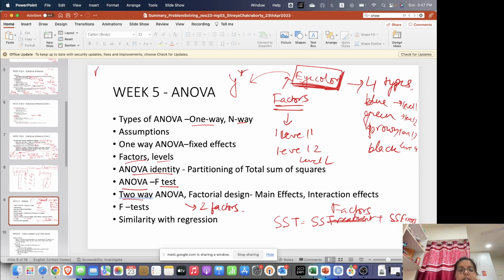Let's say eye color and eye shape, two factors influencing y, and we would have main effects and also interaction effects if we include an interaction term in our model, and we can test for each of these using an F table. And as I was saying, there is so much similarity with regression because ANOVA means regression with dummy variables.